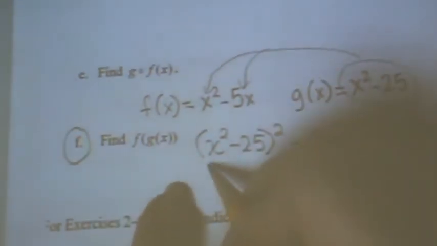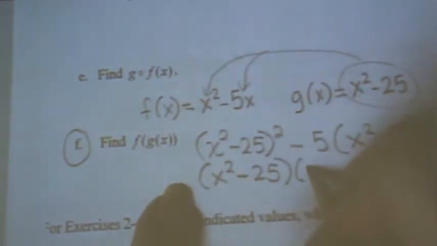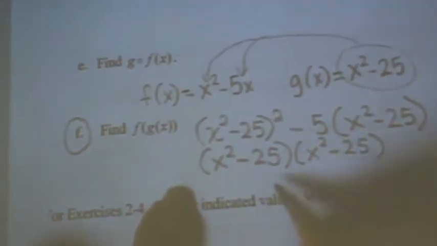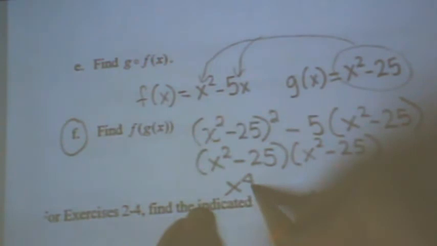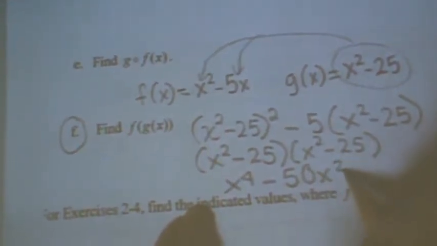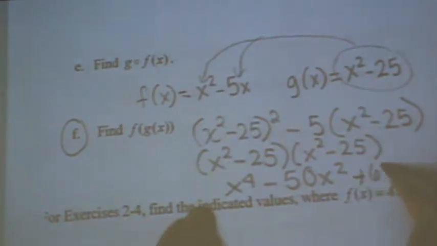Unfortunately, that's big. Ugly. So we have to square that. And you get x to the 4th minus 50x squared and then plus 625 and then minus, this is 5x squared and then plus 125.